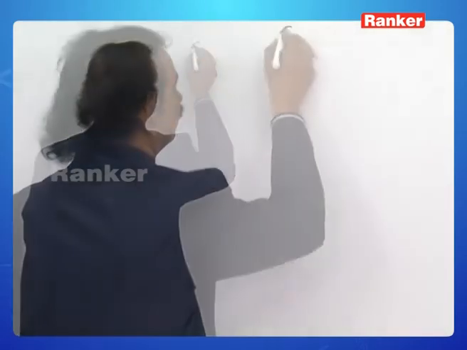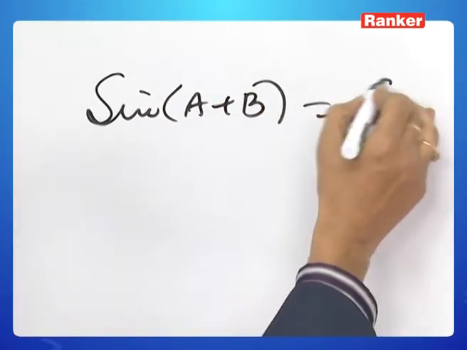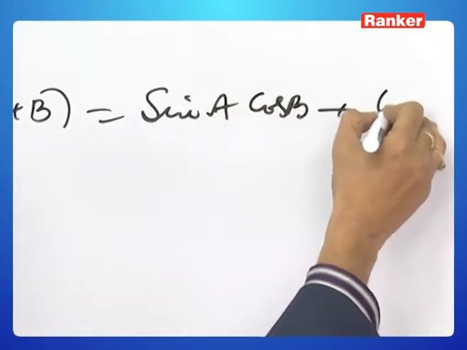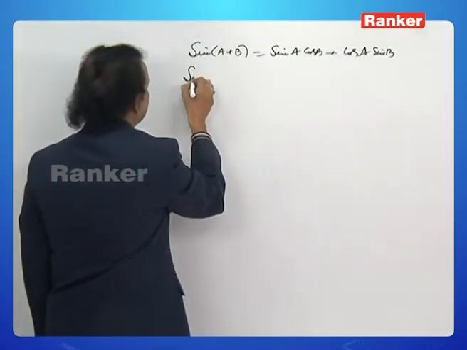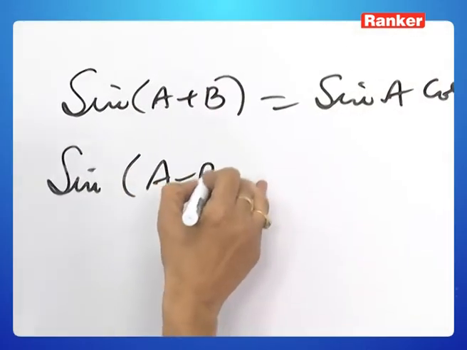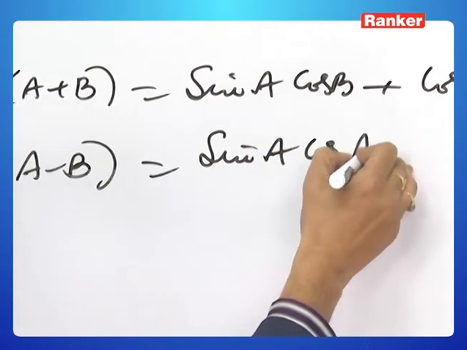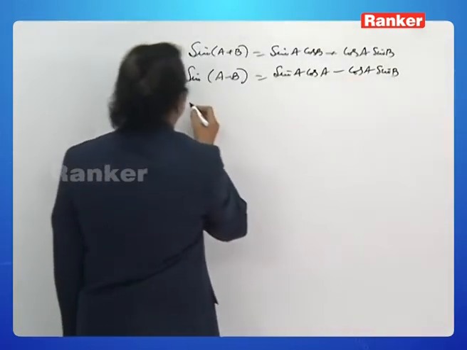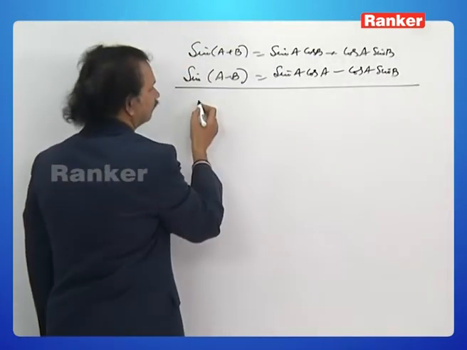Let us now observe such things. What is sine of A plus B? Sine A cos B plus cos A sine B. Sine of A minus B is sine A cos B minus cos A sine B. Add these two, what happens?